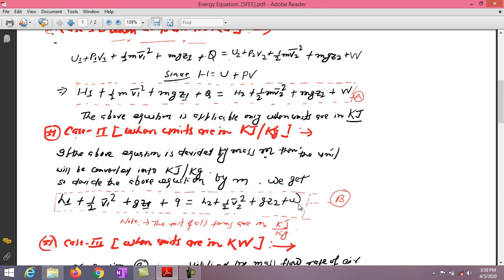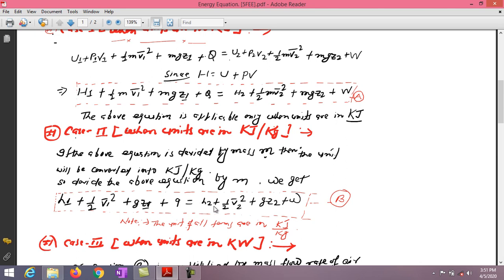So this is a very basic equation. One important point is that the unit of all terms is kilojoule per kg. Whenever the units of the quantities are given in kilojoule per kg, we have to use this equation. This is the specific enthalpy, this is specific kinetic energy, this is specific potential energy, and this is small q.